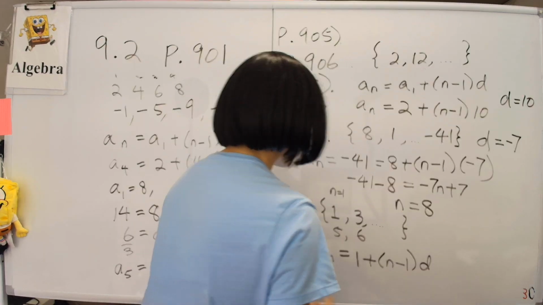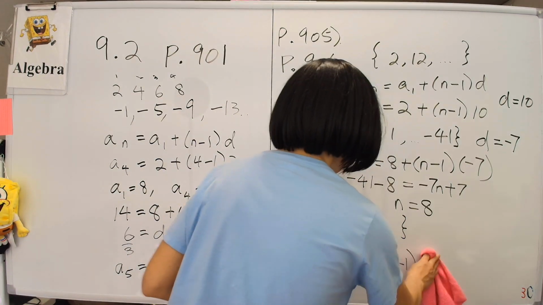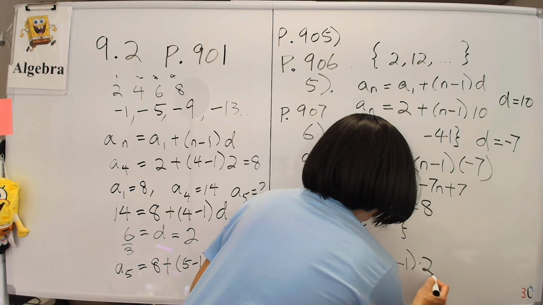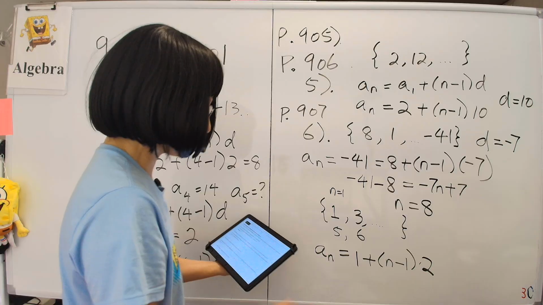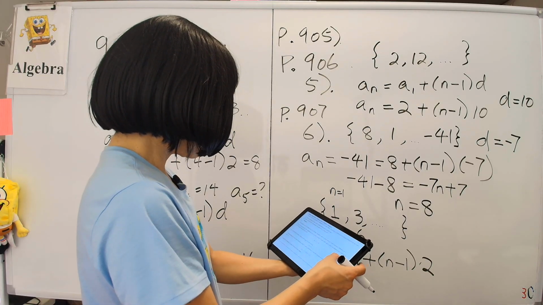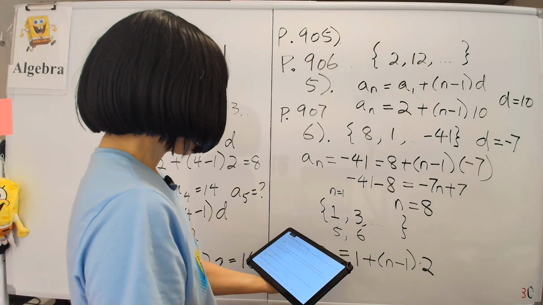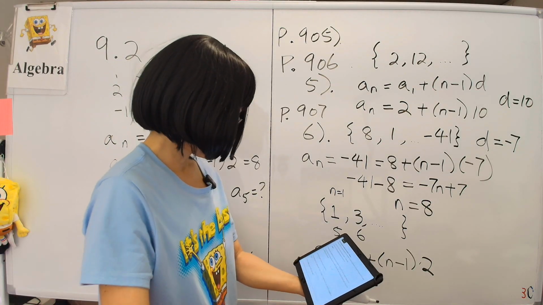The difference is $2. So that's the formula, which can be simplified somewhat. And then the question, however, is, let's see. Wait a second.